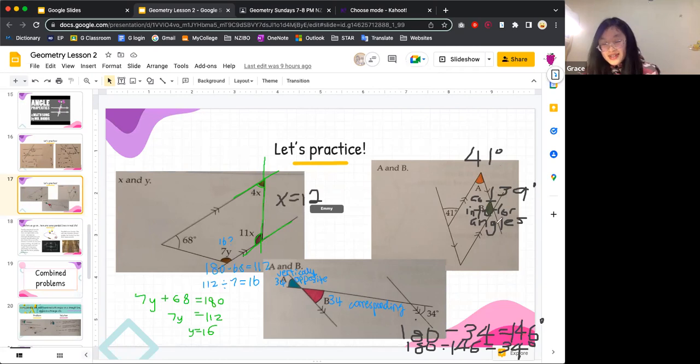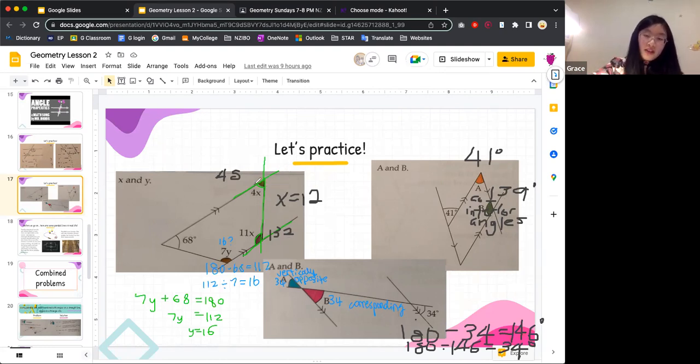Oh yeah, I see Amy's done co-interior angles on the other side. Yep, that's good. X equals 12. Yeah, perfect. So X equals 12, and the way that you got it was because co-interior angles, right?